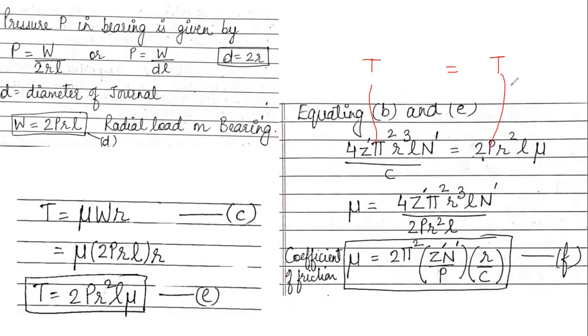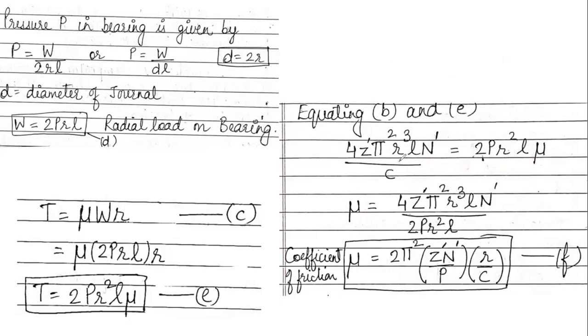Once I equate this, I can find out the coefficient of friction mu by Petrov's equation. So I'll keep mu this side, and the remaining thing is going to go down here, right? So how will this happen?